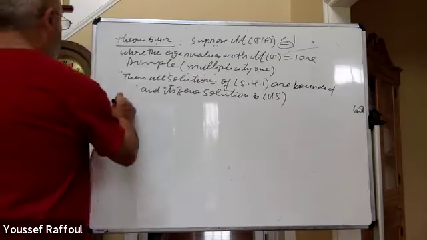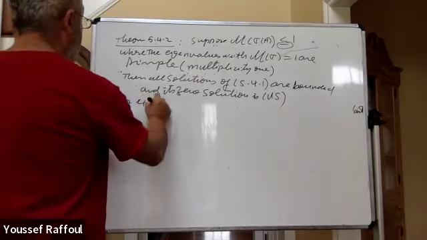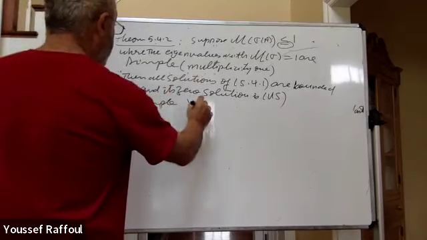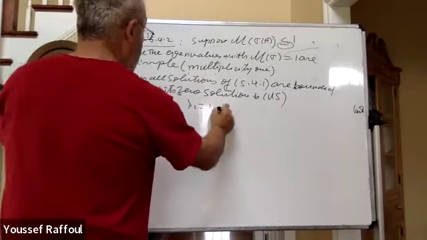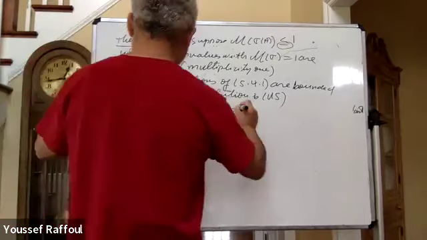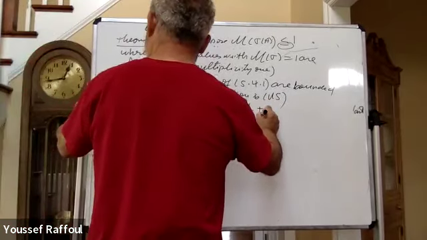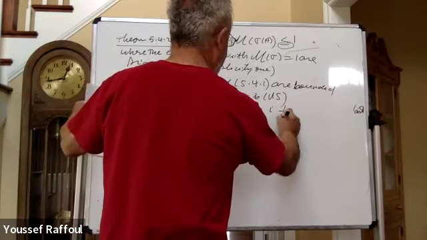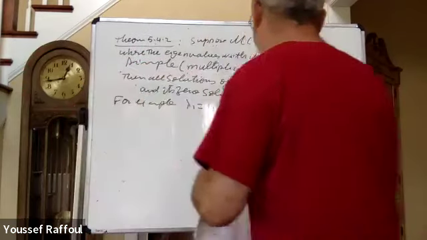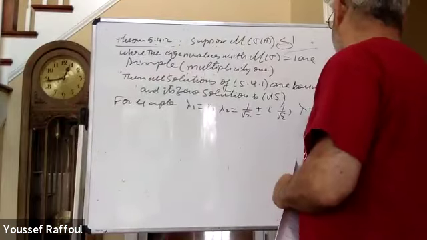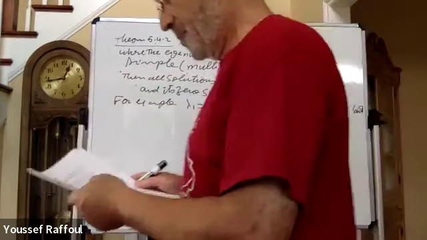For example, if I have lambda 1 equal 1, lambda 2 equal to 1 over the square root of 2 plus or minus i times 1 over the square root of 2, and lambda 3 equal to 1.